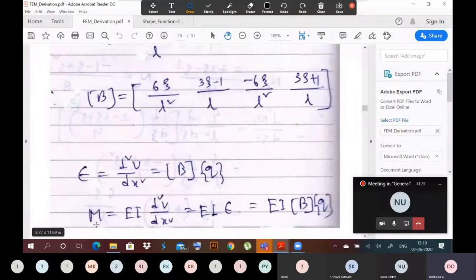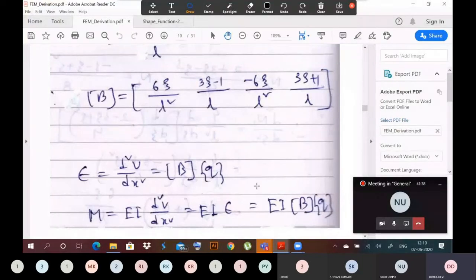We'll need these values when we derive the stiffness matrix of a beam, because we are going to derive the stiffness matrix of different elements using this strain displacement matrix later on. That is nothing but the variational approach. We'll derive it later on.